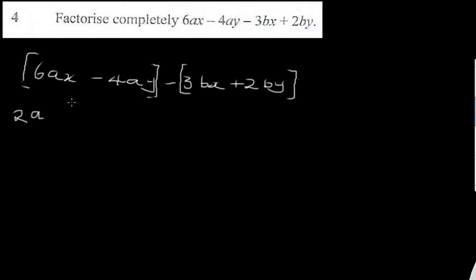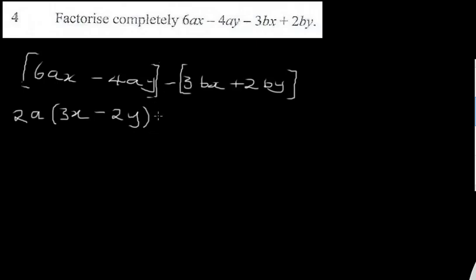Well, I believe there's nothing else that's common. So then open our brackets and we have what remains when we take out the 2 and the a. So 6 divided by 2 gives us 3. What else is remaining? The x. We haven't touched the x. So we'd have x. Then minus what remains. 4 divided by 2 gives us a 2. Take out the a. What remains? We've got y. We close the brackets.